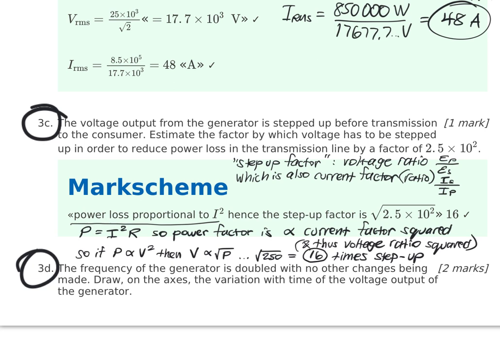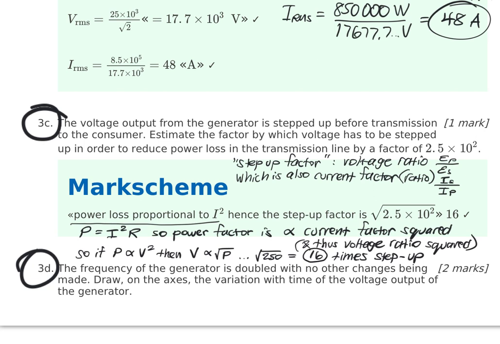I know power losses are I squared R, related to the current. So power is proportional to the current squared, and current and voltage are directly proportional, so power is also proportional to voltage squared. So it's looking for the voltage factor: voltage is proportional to the square root of power.